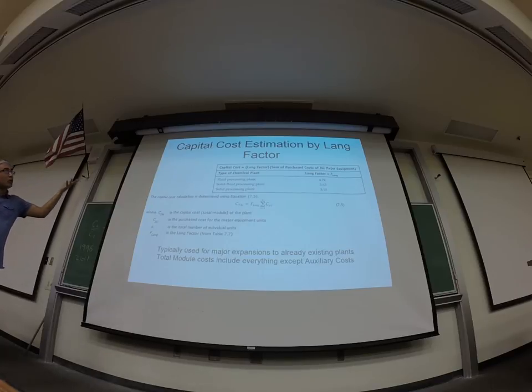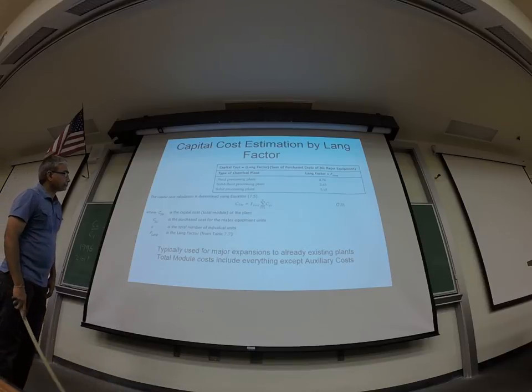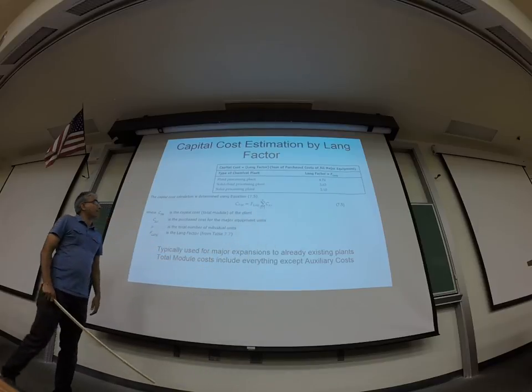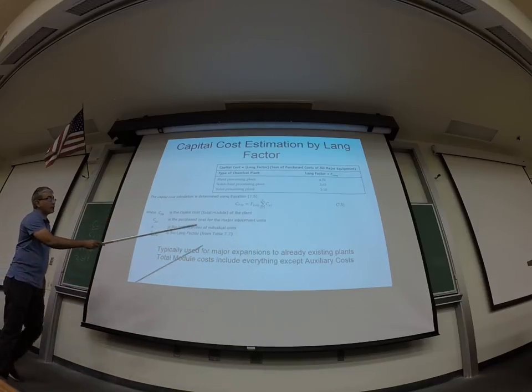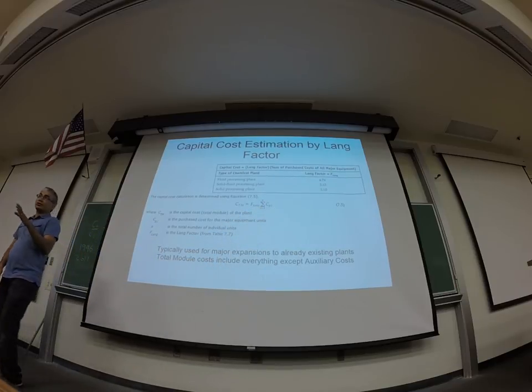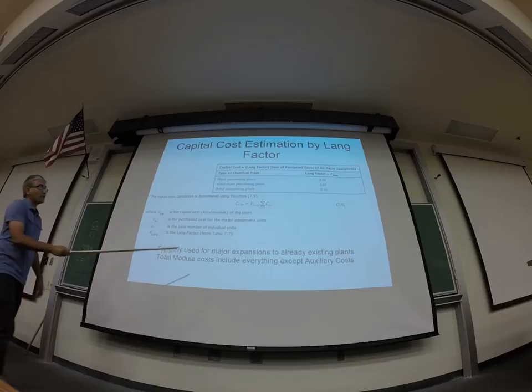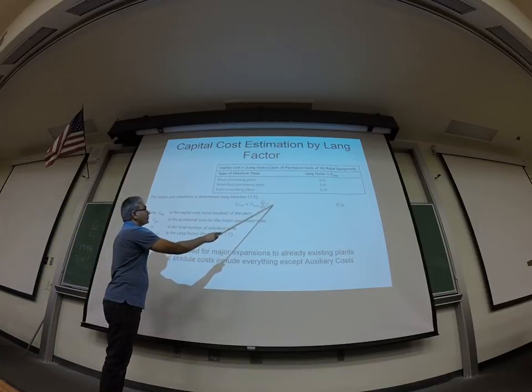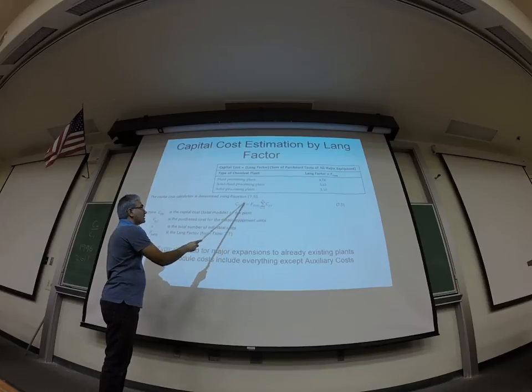This is something in between called Lang factor. The way Lang factor works is, you say, you know what, I'm only going to worry about my equipment costs. I'm not going to worry about all these other indirect costs. I'm just going to find out the cost of the equipment, add it all up, and then multiply by the Lang factor.